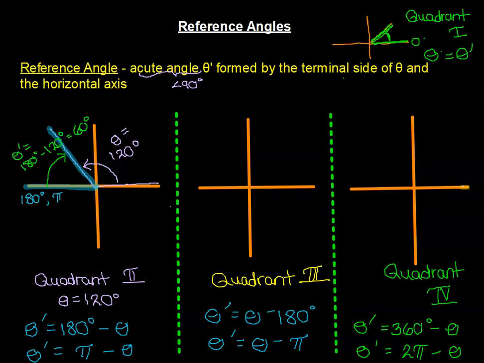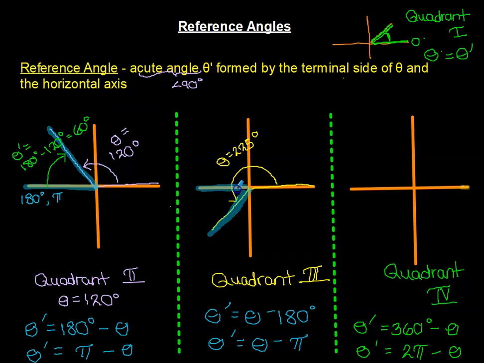If your angle is in quadrant 3, let's just say that the angle happened to be 225 degrees, which is about here. The initial side always starts at 0, so from here to here, the angle is 225 degrees. Again, this is the terminal side of the angle, and the closest horizontal axis would still be right here.